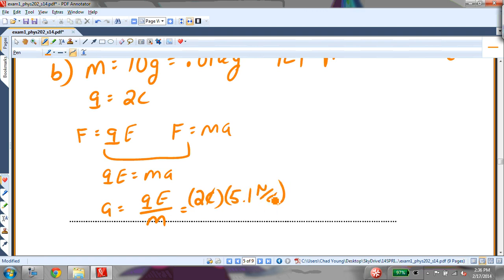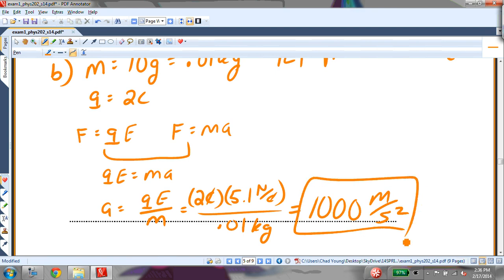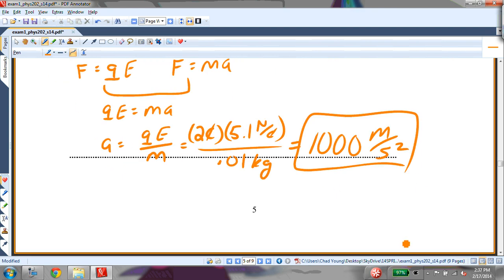Notice my coulombs cancel. Divided by the mass, which was 0.01. Rounding off, that was in kilograms, I get 1,000 meters per second squared. And that was the correct answer for part B. That was worth 4 points.